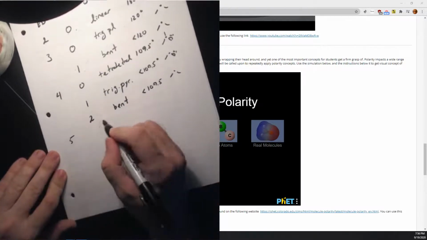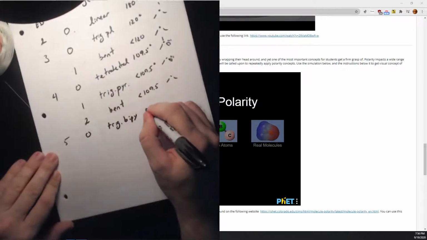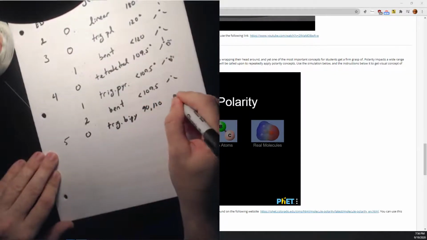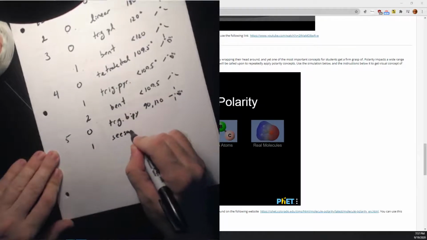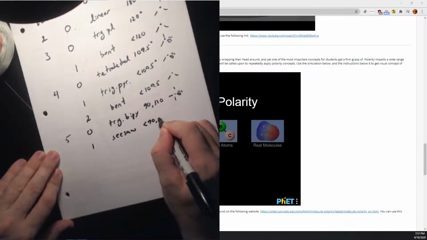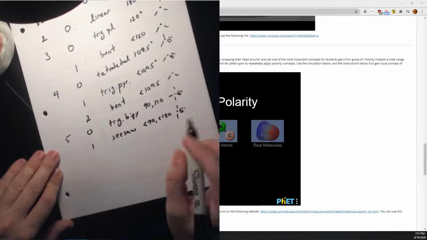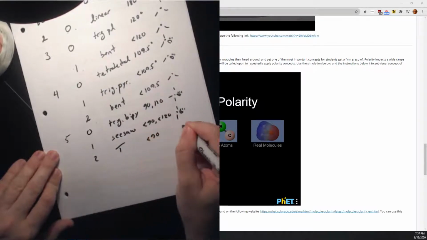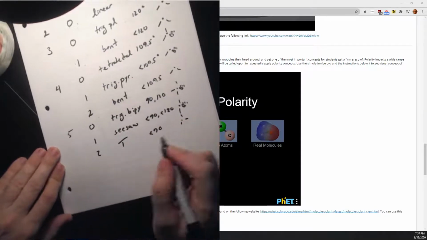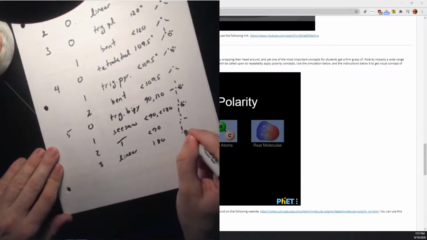Doesn't look like I'm going to make it. 5 and 0, trigonal bipyramidal, 90 and 120. 5 and 1, seesaw, less than 90, less than 120. 5 and 2 is a T-shape, less than 90. 5 and 3 is linear, 180.